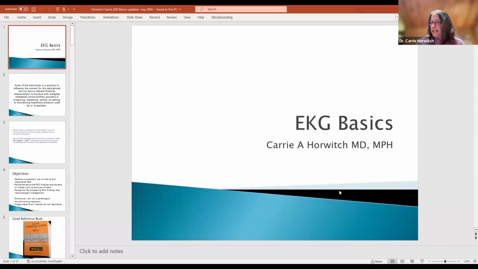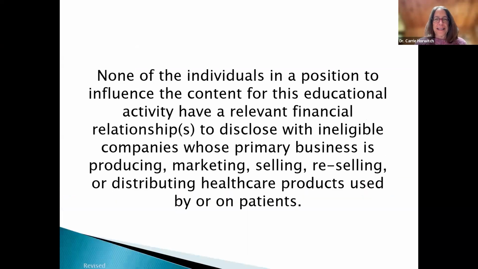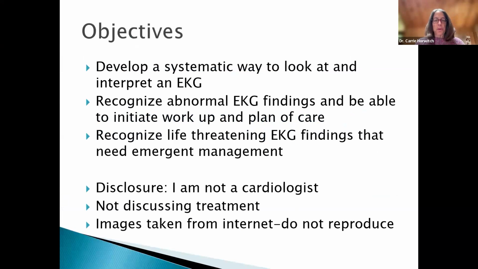Let's go ahead and scroll to the objective slide. As we said, no disclosures. What we're going to try to do with this talk is, when you read EKGs in an outpatient practice or even inpatient, you really want a systematic way to consistently look at the EKG every time so that you don't miss any area.